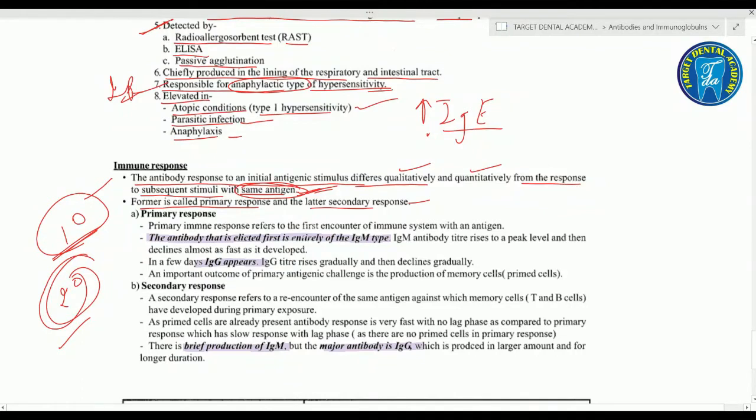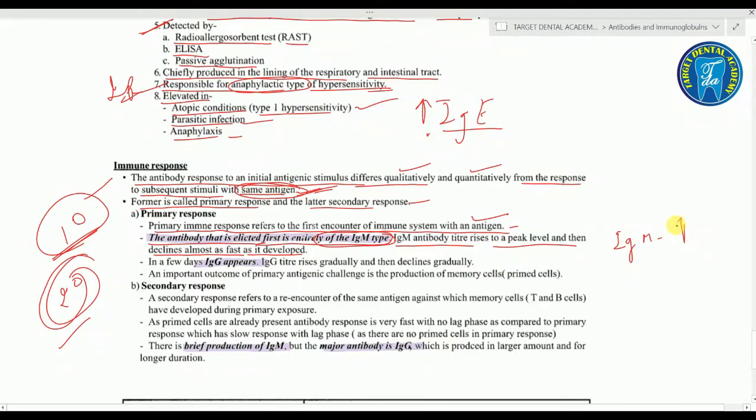Coming on to the primary response: the primary immune response refers to the first encounter of the immune system with an antigen. The antibody that is elicited first is of the IgM type. The IgM antibody titer rises to the peak level, then declines almost as fast as it develops.